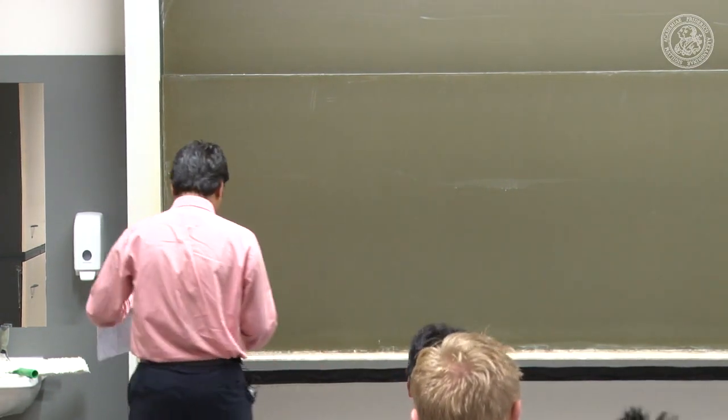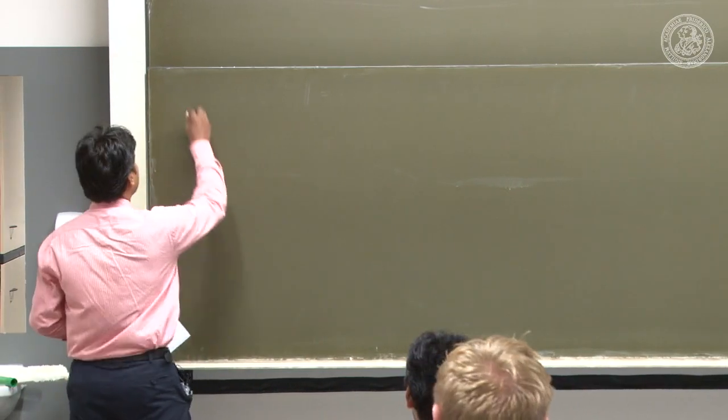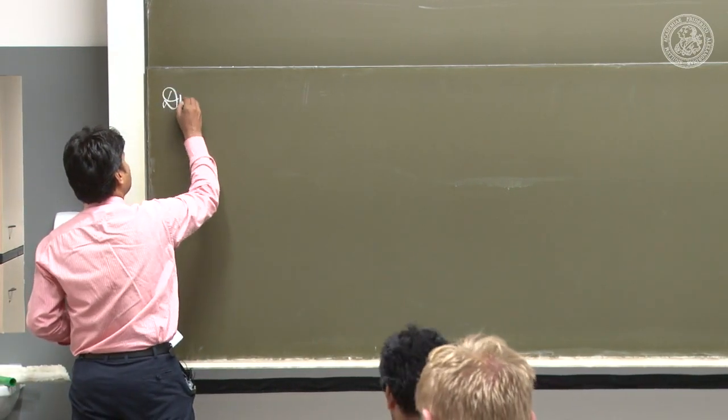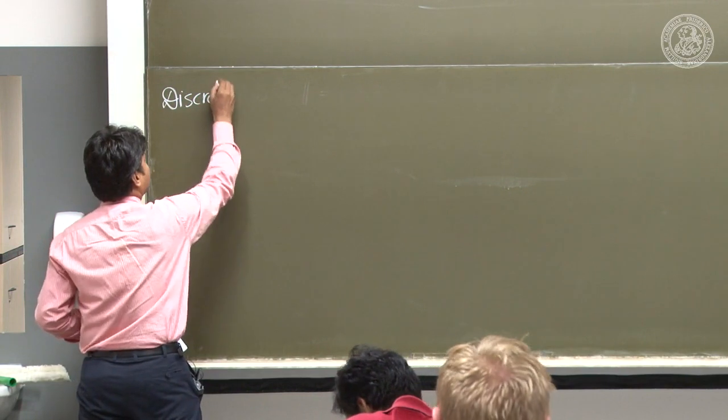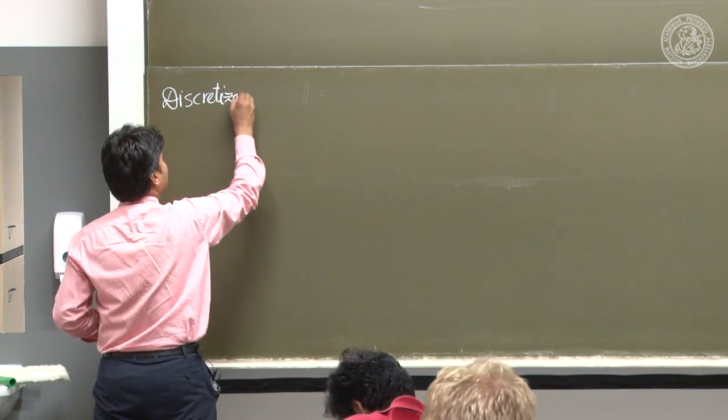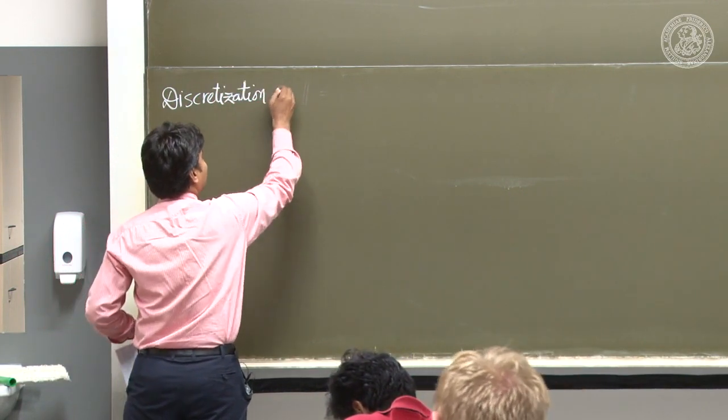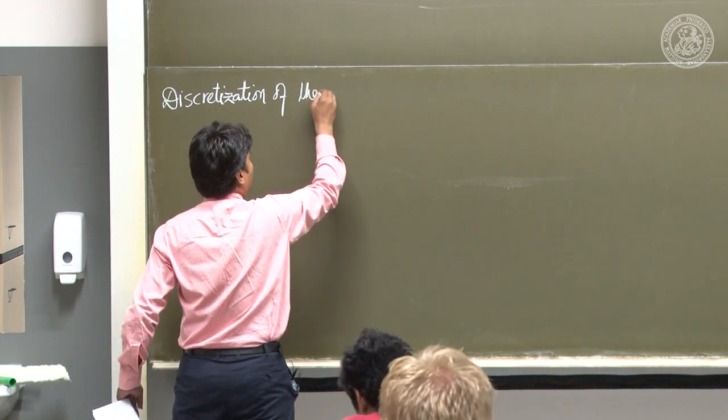Okay, so in the last class we had just started the discretization of the weak form.